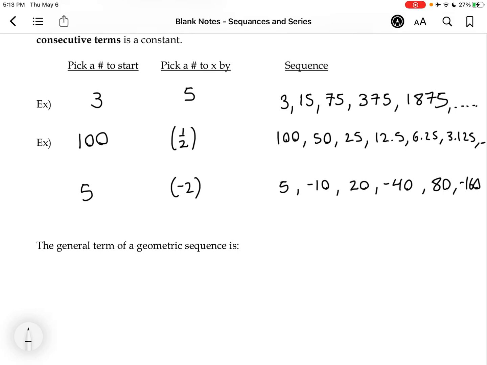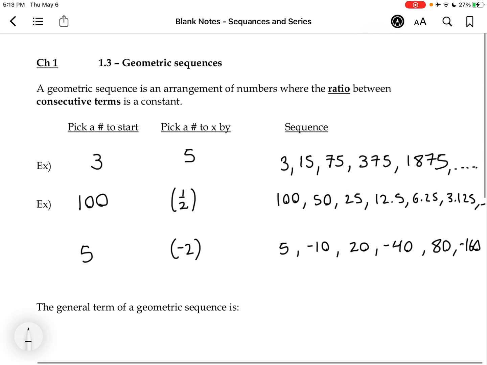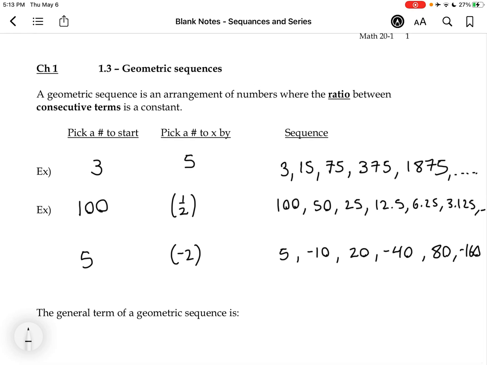Okay, now the number that you start with, the first number, is called T1, which is the first term. And actually, I should mention this.